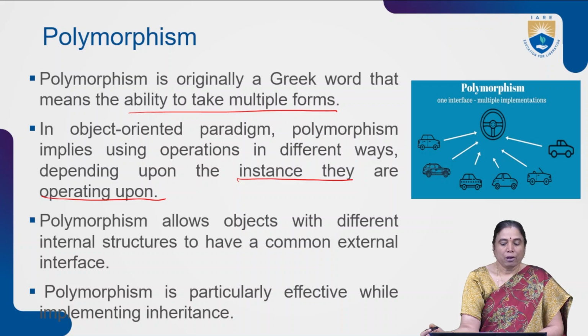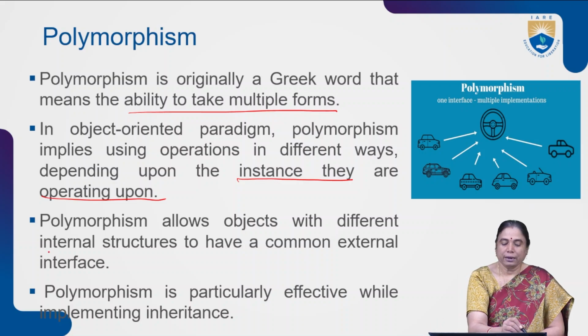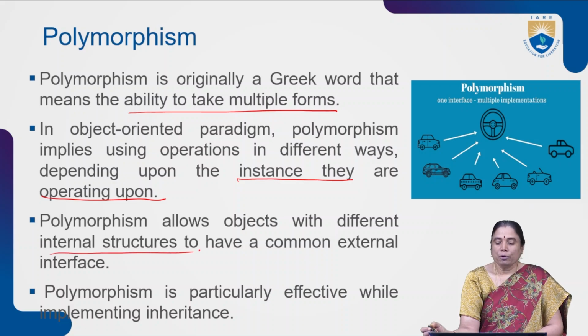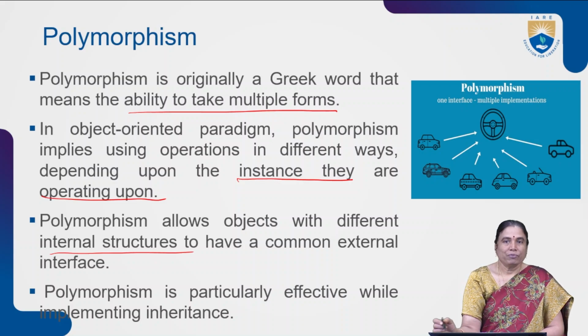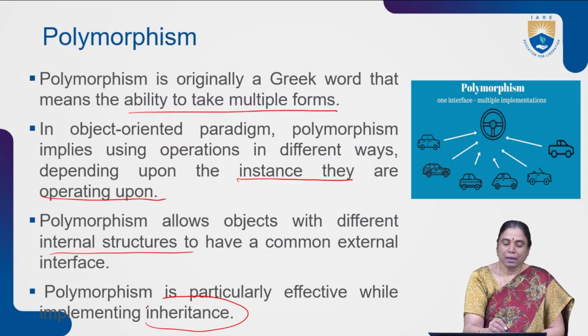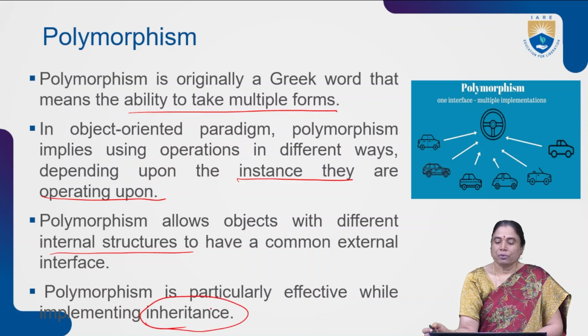So it allows objects with different internal structure to have a common external interface. Polymorphism is particularly effective while implementing inheritance. So consider here this steering, we are using it in n number of vehicles. The single one we can use in many forms.